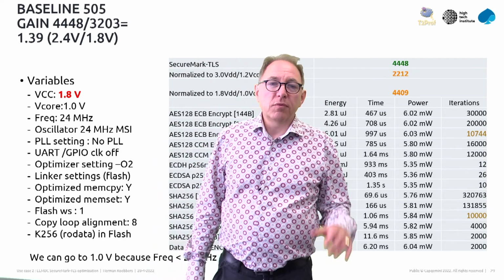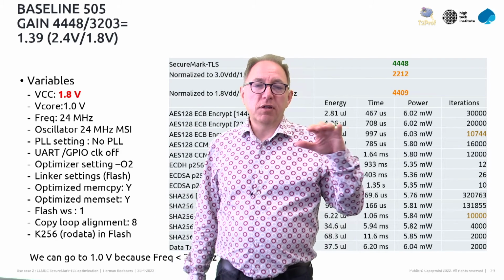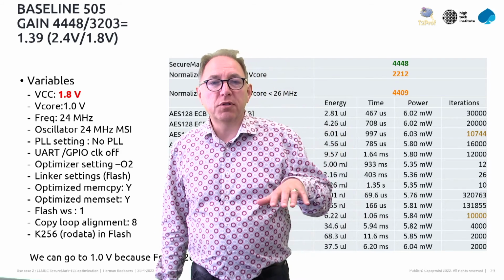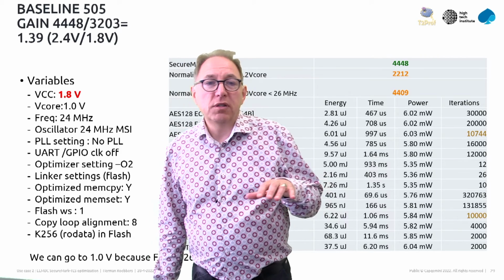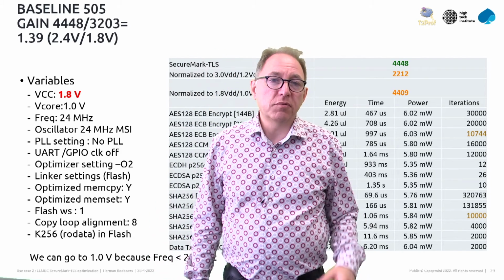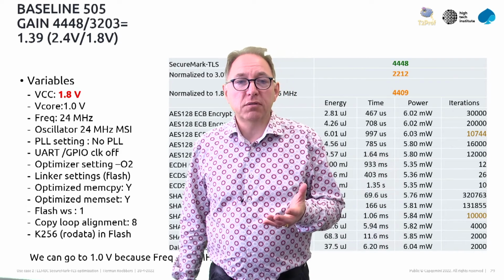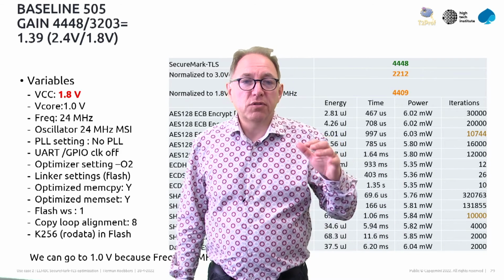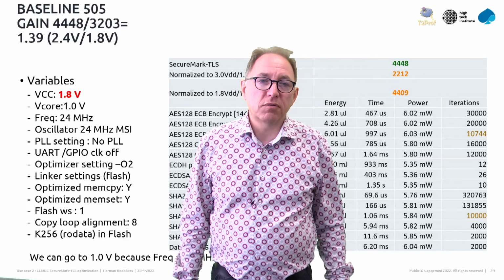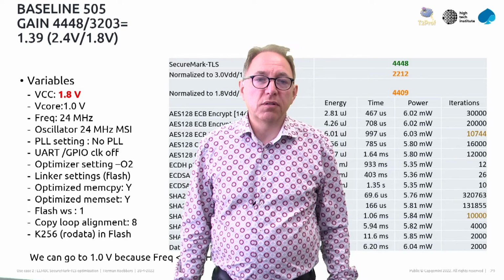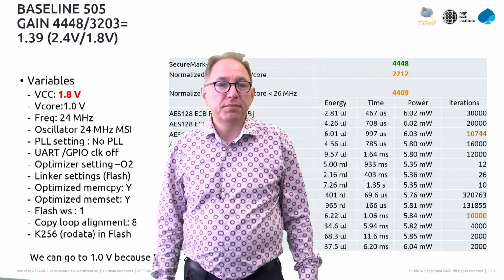Next step, we move the supply voltage from 2.4 to 1.8, and we have 39% improvement, which is almost exactly the ratio between the 2.4 and the 1.8. So any change in this supply really works out very much in the actual energy consumption.